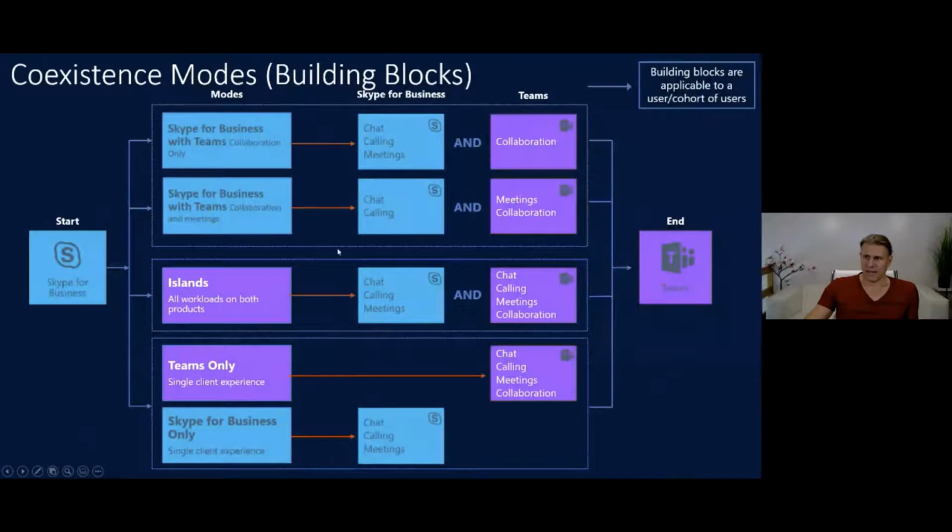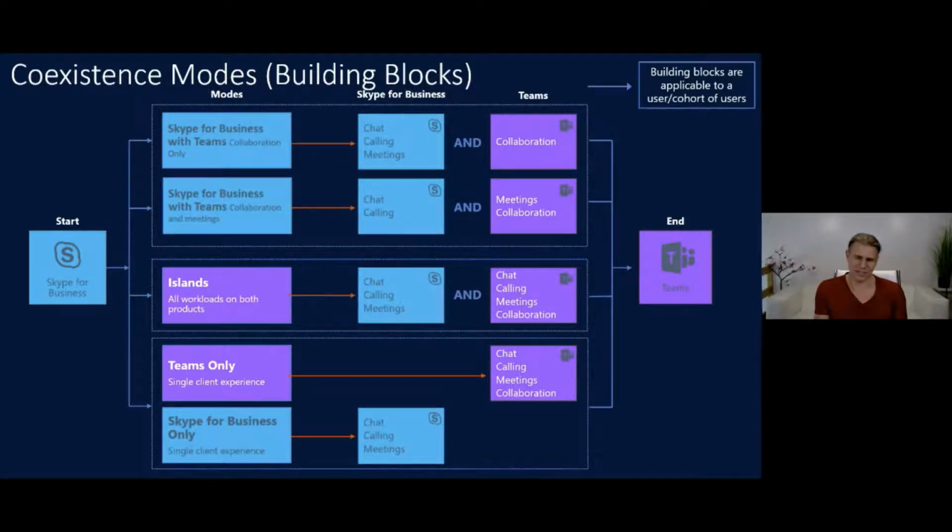So looking at what are all the capabilities here on the different coexistence modes or upgrade modes. So essentially we have the islands one, which is the confusing one, right? So we should change the name of island mode to confusing mode because you have chat, calling, and meetings in Skype. You have chat, calling, and meetings in Teams, right?